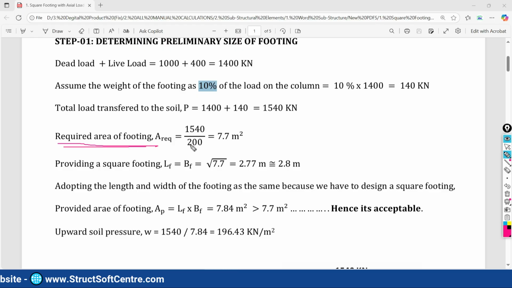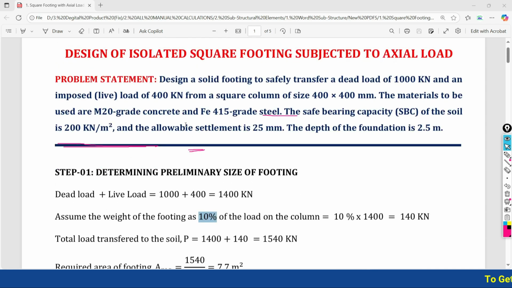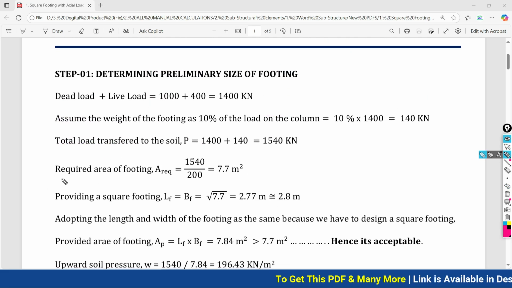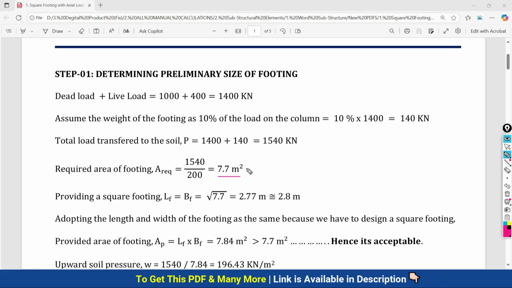So area required equals the total load transferred to the soil divided by the SBC of the soil. We have given the SBC of the soil as 200 kilonewton per meter square. Putting it here, we finally get the required area of the footing as 7.7 meter square.